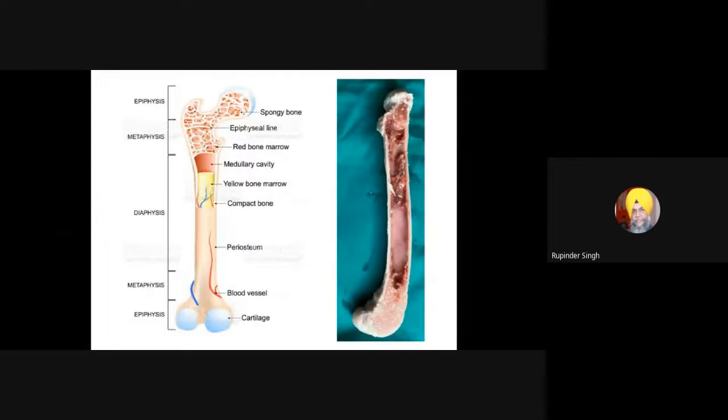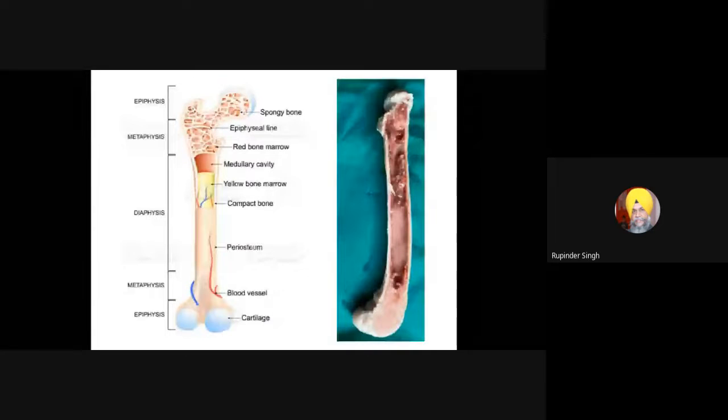They are like a spongy bone, just like a honeycomb pattern, but not as soft as a honeycomb. It is a hard bone but has more porosity. It is more porous than the compact bone of the central portion. So I am talking about the wall. The wall of the diaphysis is compact.